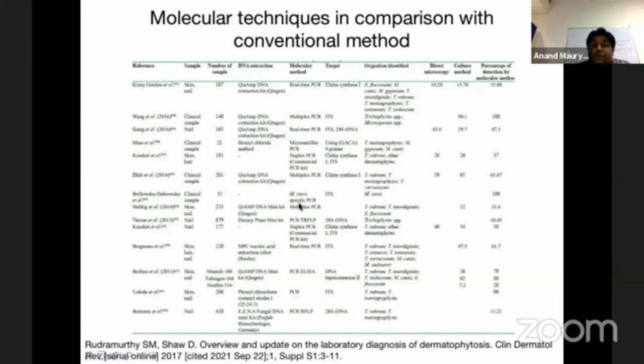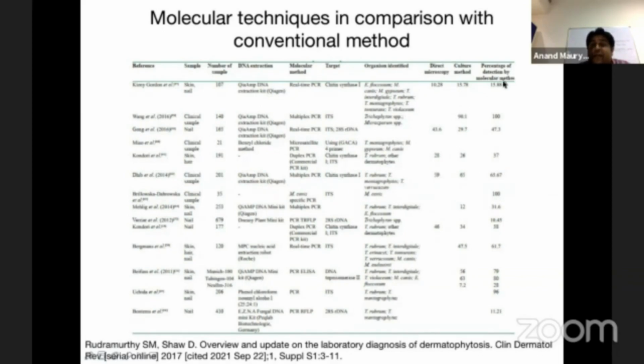In another multiplex PCR, there is a chitin synthetase target, and they easily identify T. rubrum, T. mentagrophytes, and others. In direct microscopy, only 59% detection is there.